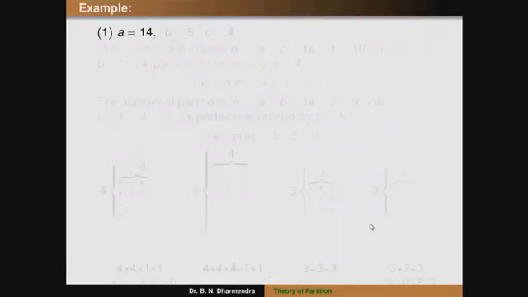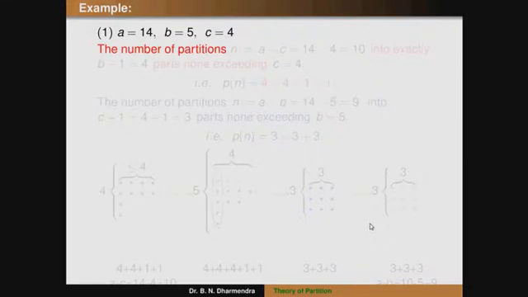Okay. So more precisely we have to define A, B and C. Here A is 14, B is equal to 5 and C is equal to 4. What is the first statement when I consider this one as A? The number being partitioned is N. What is N?